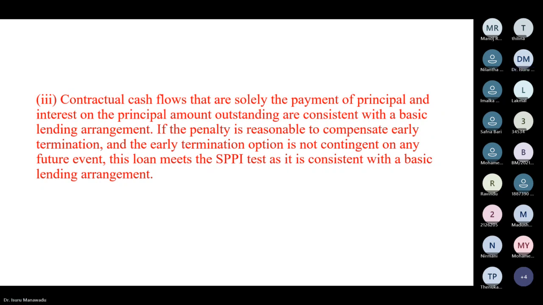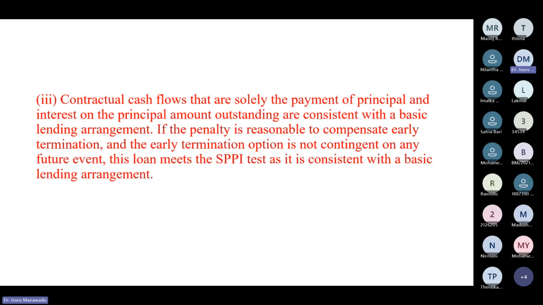Third one. This is the early settlement one. So have a look on this. Contractual cash flows that are solely the payment of principal and interest on the principal amount outstanding are consistent with the basic lending arrangements.